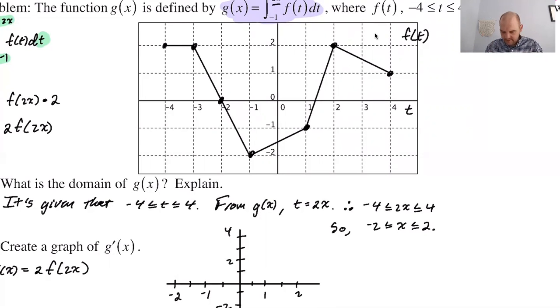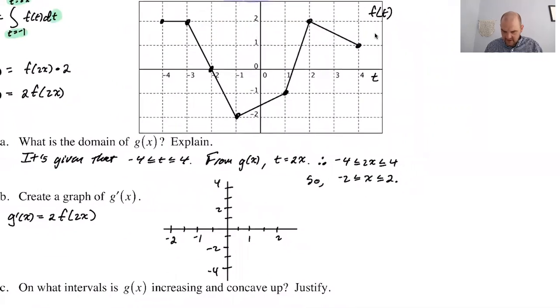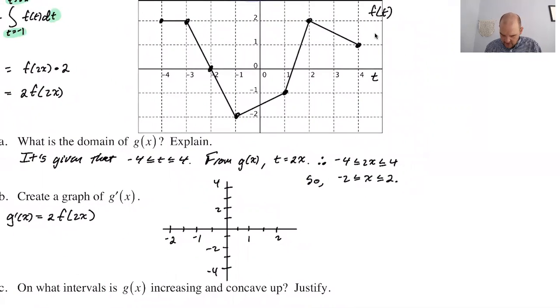So what I'm going to do is make a chart. What are these key t values? I'm going to say t, and then x, and then g prime of x.